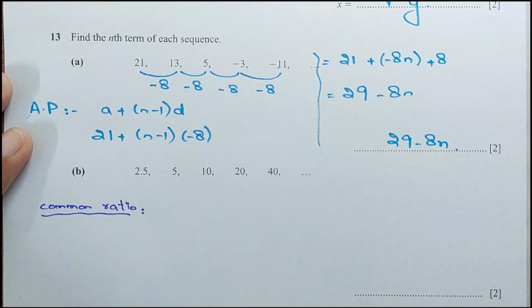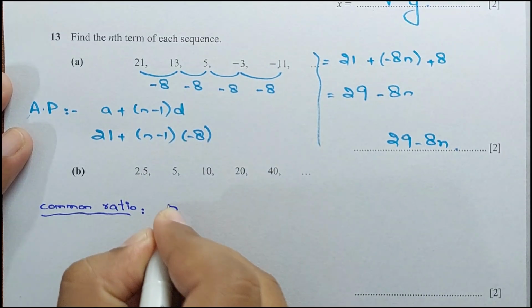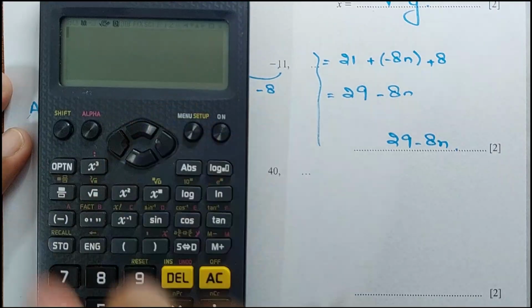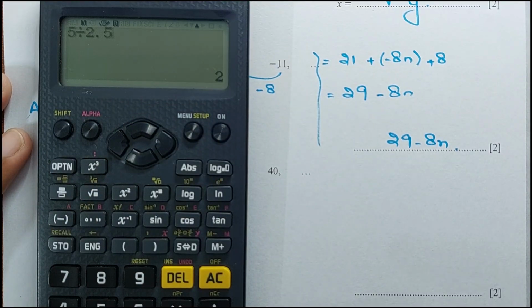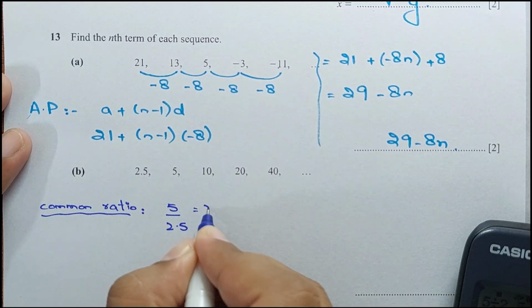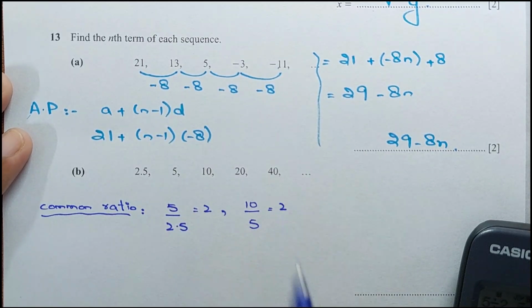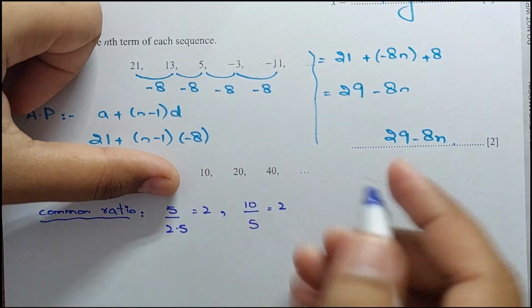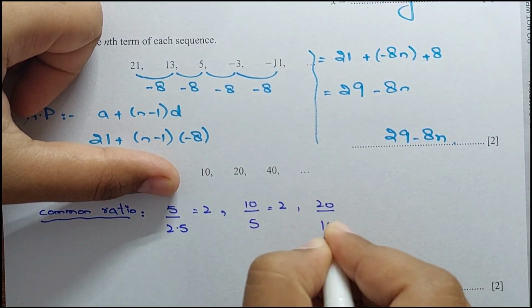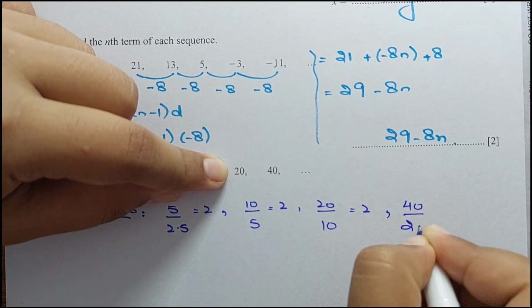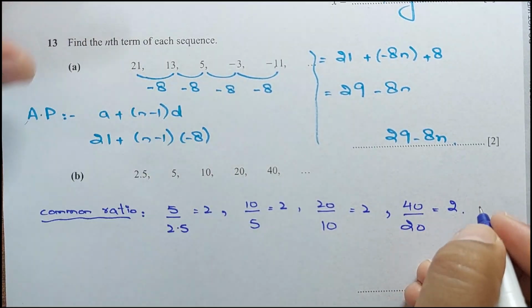Dividing the second term by the first term: 5 over 2.5, that is 2. And then 10 over 5 is also 2. 20 over 10 is also 2. The common ratio between 40 and 20 is also 2. So it has a common ratio.